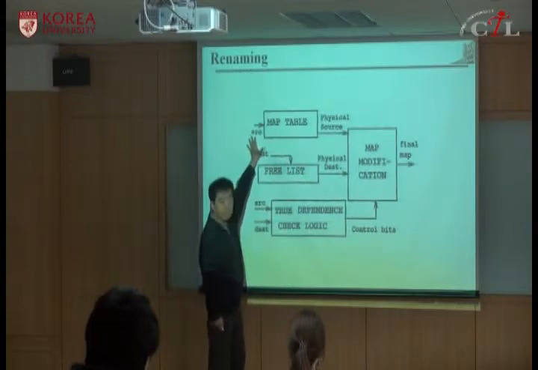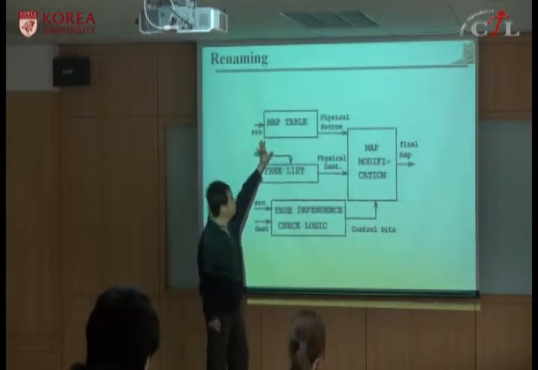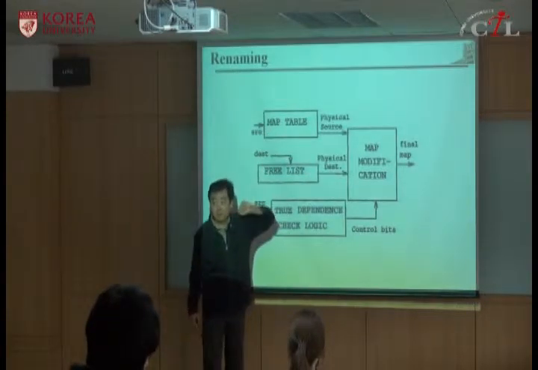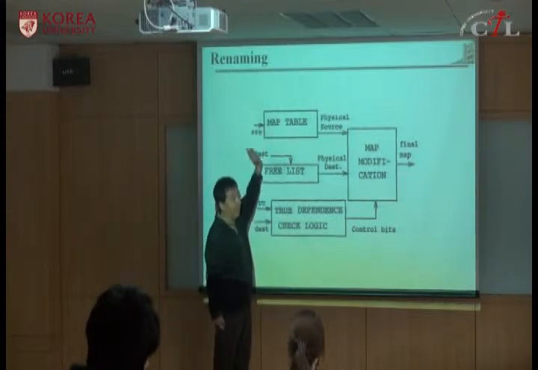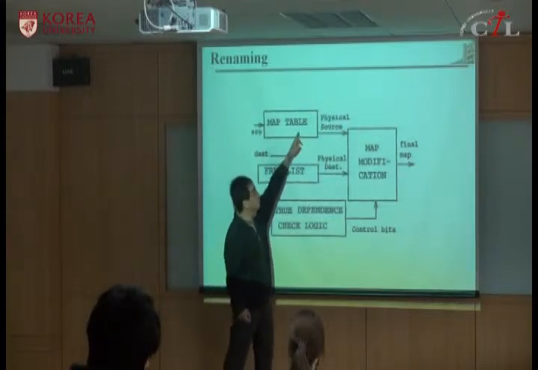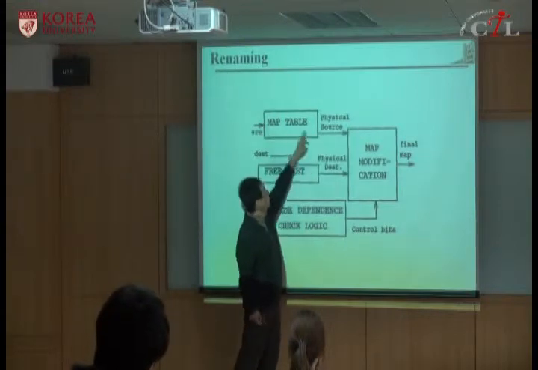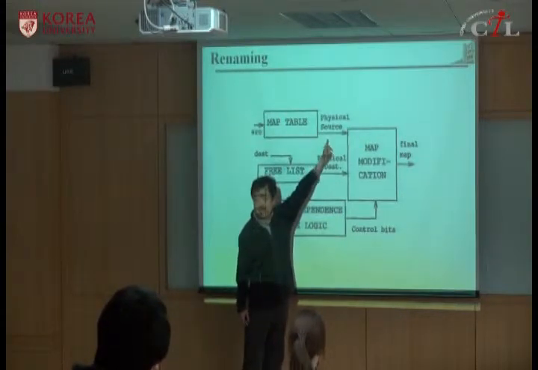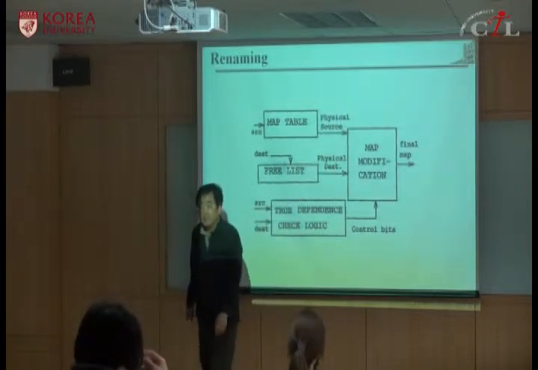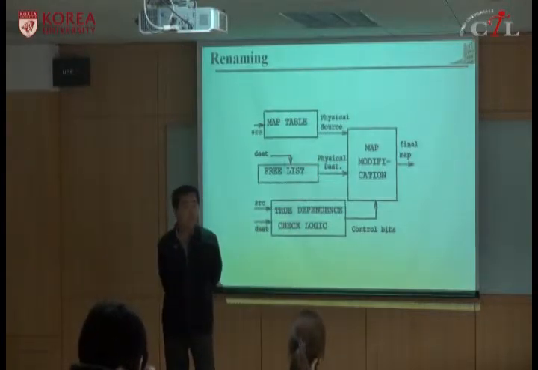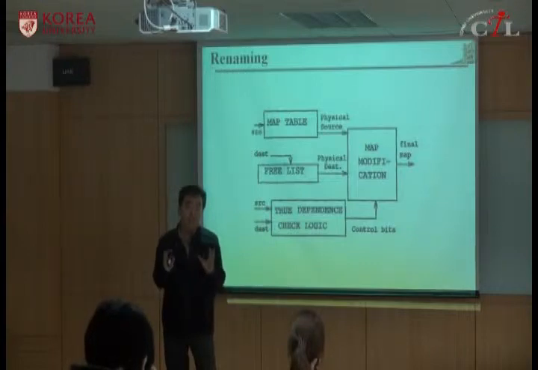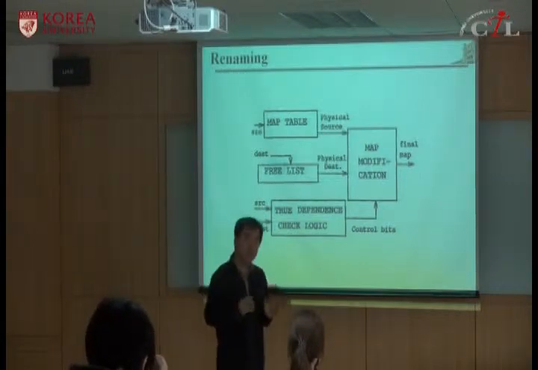For each source, you look up this map table. So this R1 is actually mapped to physical register 17. Then the source number should be renamed to physical register P17. It's simple.